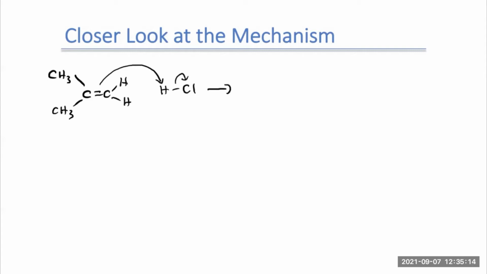And Markovnikov's rule says that hydrogen has to go on the less substituted side. Now, let's think about what forms in the mechanism. There are 2 possible carbons to put the hydrogen on here. So let's draw both of them.